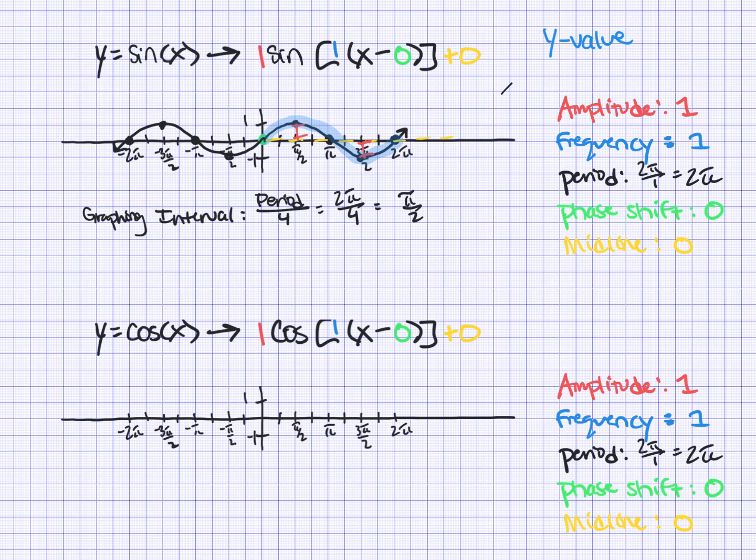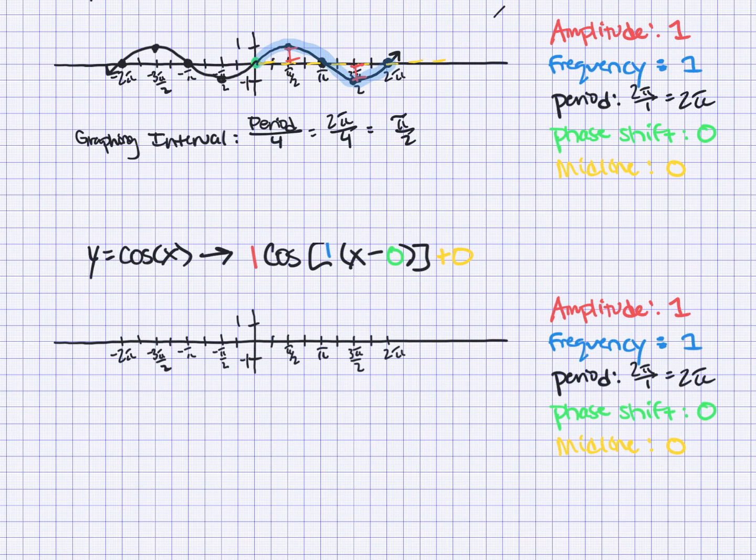Like I said, the only difference between sine and cosine is its starting point. I'm also going to do something that we'll use in later problems. It's going to help us out a little bit. So I'm going to move this down just slightly. First thing I see is our midline's at 0, so I'm going to mark in my midline, just like this.